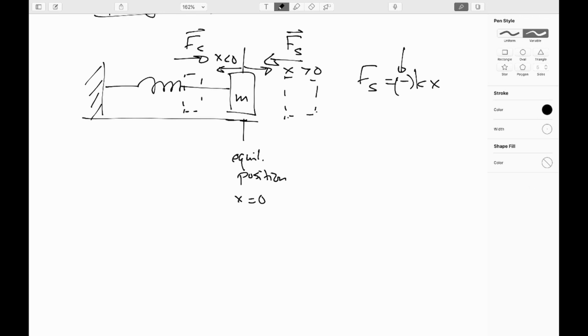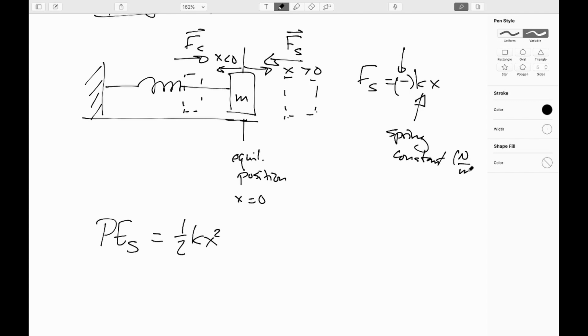Now you can work out what the potential energy function for a spring is. It turns out spring forces are conservative. It's a similar argument to what we did for gravity, but a little more complicated, and it involves the methods of calculus. At the end of it, what you get is 1/2 kx squared, where k is what we call the spring constant. It's in newtons per meter.